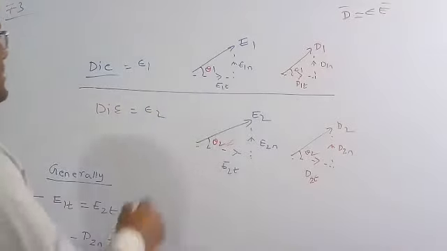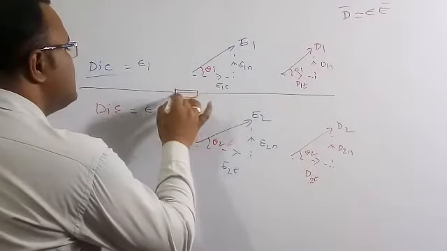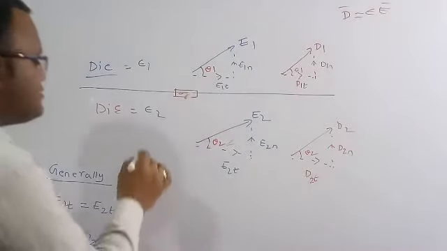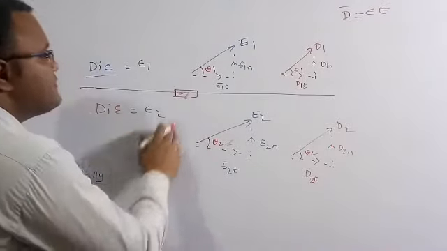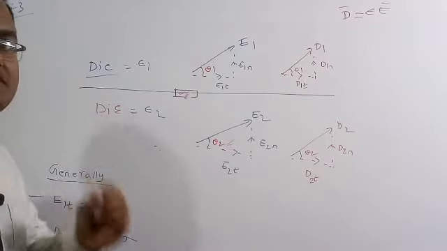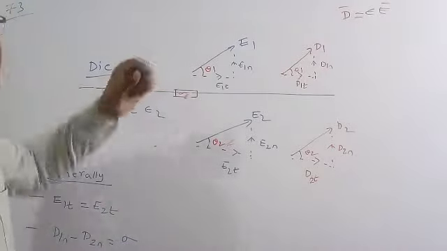But suppose there is a small surface charge sigma, meaning for a small area dA there is a surface charge sigma. Surface charge density means charge per unit area. Let me assume this plane has some charge.